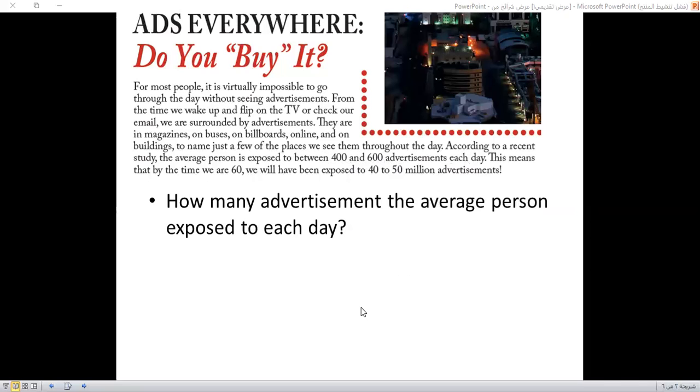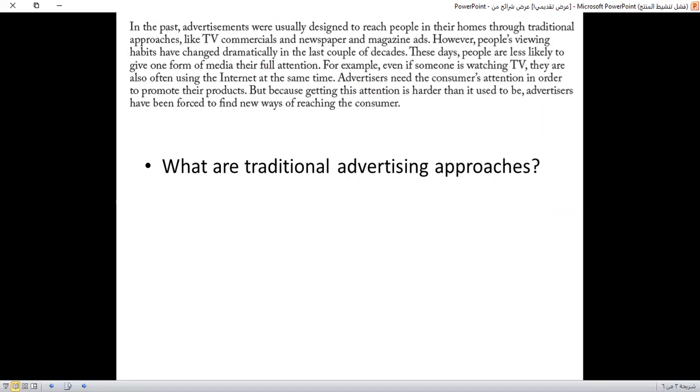Okay, let's move on to the next one. In the past, advertisements were usually designed to reach people in their homes through traditional approaches, like TV commercials and newspaper and magazine ads. However, people's viewing habits have changed dramatically in the last couple of decades. These days, people are less likely to give one form of media their full attention.